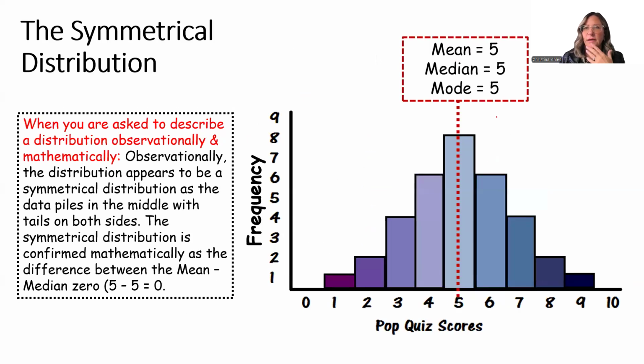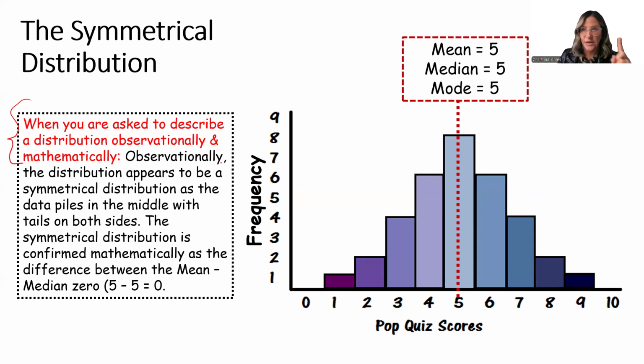Next, we look at distributions and how you would respond if I asked you to describe the shape of the distribution observationally and mathematically. I have that question in red up here because that's a question you would be asked. For this, the first thing I do is describe it observationally, not mathematically.